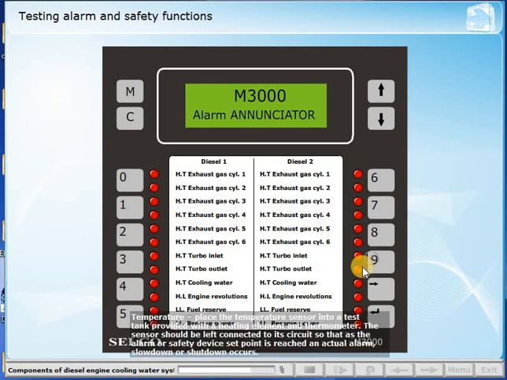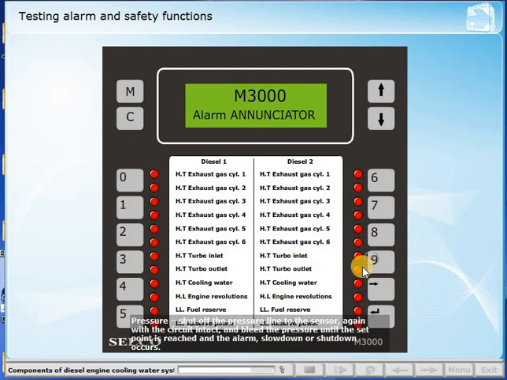The following preferred methods for testing alarms, slowdowns and shutdowns should be used, taking into account any specific instructions from the manufacturer. Temperature: place the temperature sensor into a test tank provided with a heating element and thermometer. The sensor should be left connected to its circuit so that as the alarm or safety device set point is reached, an actual alarm, slowdown or shutdown occurs. Pressure: shut off the pressure line to the sensor, again with the circuit intact, and bleed the pressure until the set point is reached and the alarm, slowdown or shutdown occurs.